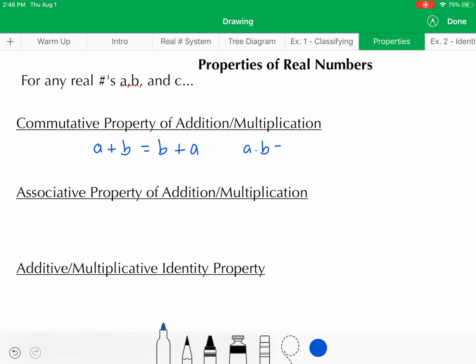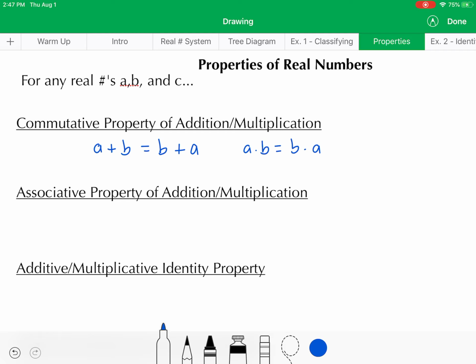A times B is equal to B times A. Right? 2 times 3 is the same as 3 times 2. Notice the commutative property does not apply to the operations of subtraction and division, right? A minus B would not result in the same thing as B minus A always. Same thing for division. Right?